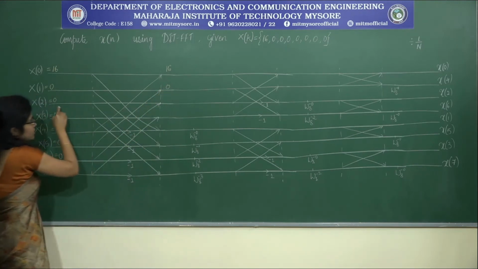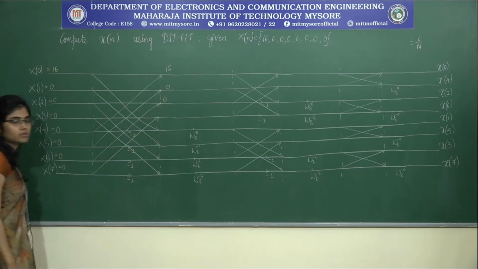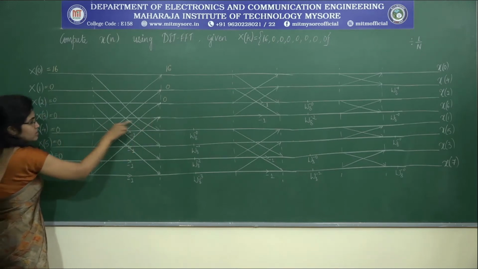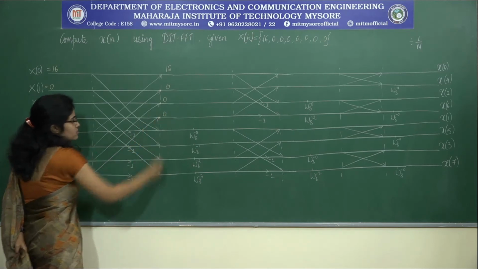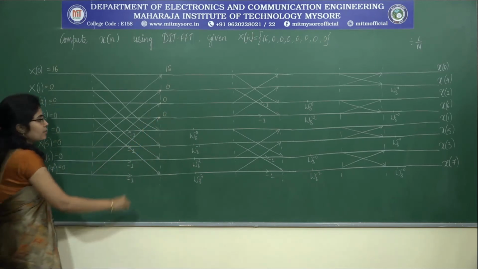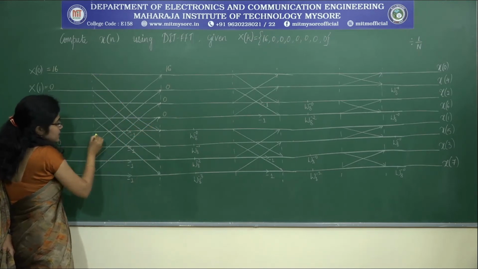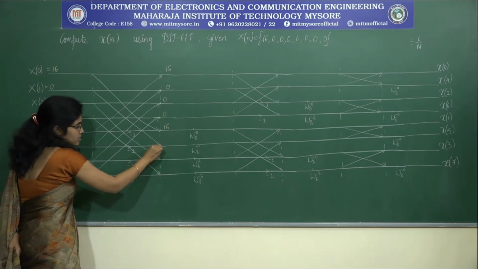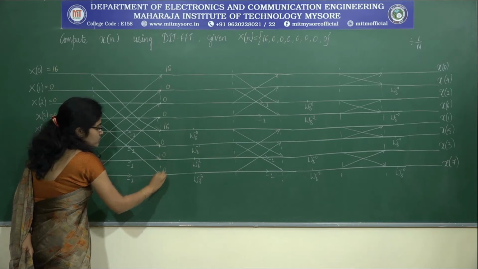Again at this point, here the data is 0, here also the data is 0, so 0 plus 0 is 0. Finally coming to this point, here the signal is 0 and from this branch also 0, this gives us 0. Coming to this point, here the signal coming is 16, here it is minus 0, this gives us 16. So since the rest of the samples are 0, the data at all these points gives us 0 only.